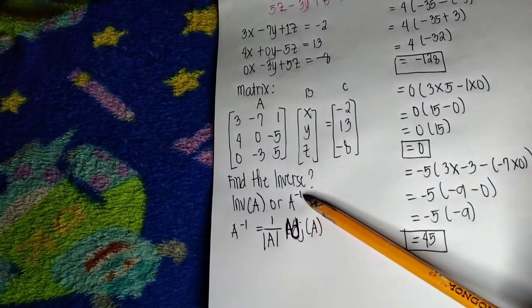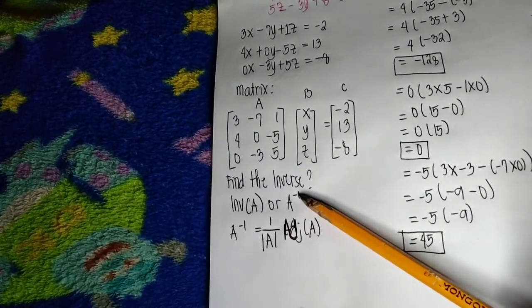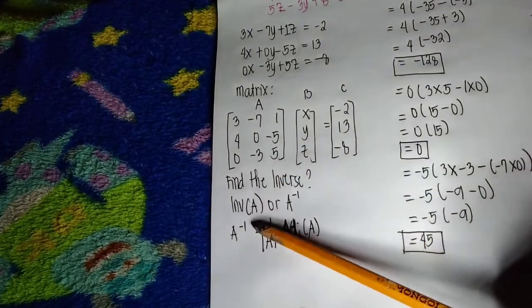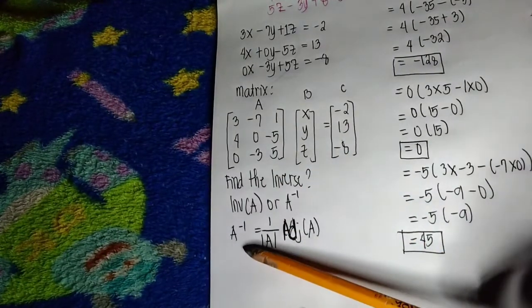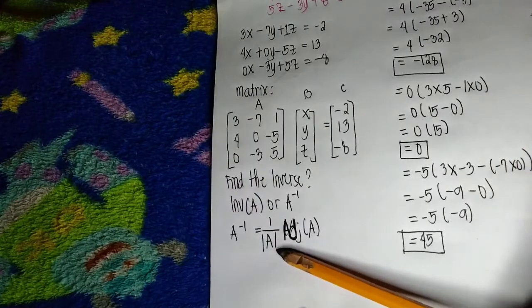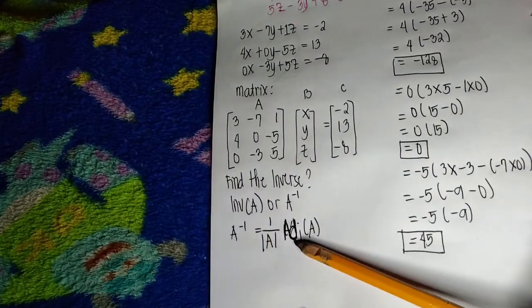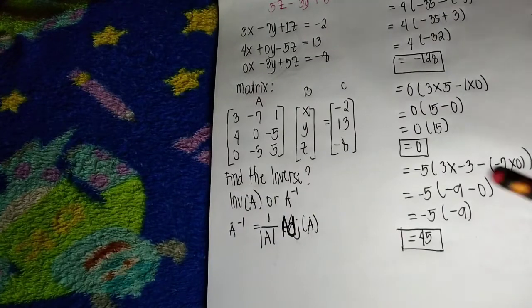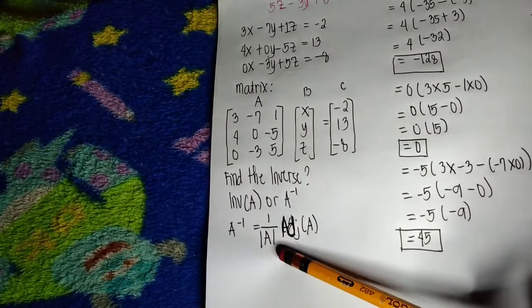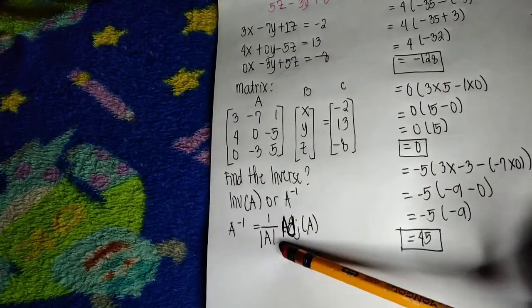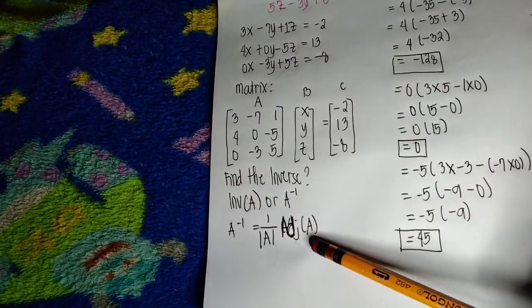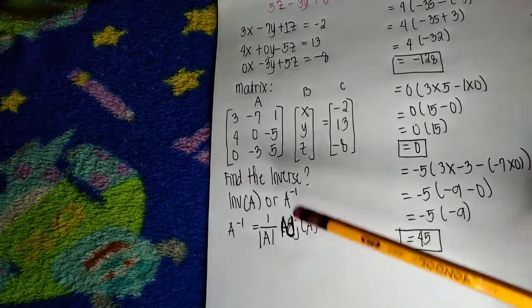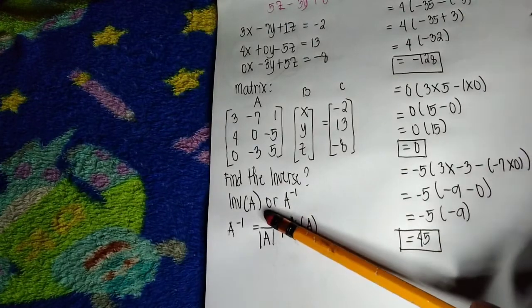In getting the inverse of the matrix A, we will use the formula A inverse equals 1 over the determinant times the adjoint of A. So first we will find the determinant, and after we will find the adjoint of A, so that we can come up with the inverse result.